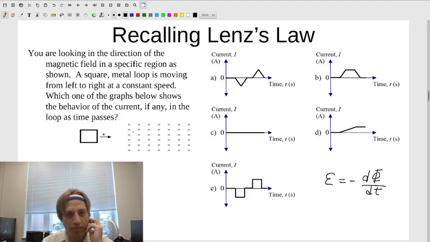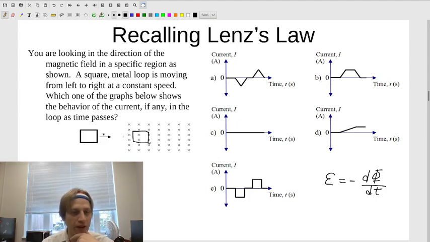Once this box is all the way into the magnetic field, however, the amount of magnetic field times the surface area is constant for a while, and so this voltage drops to 0. And then as you move out, once again, the loop doesn't like any changes in the status quo. So it will induce a current that will keep the magnetic field inside of it pointing as close to the same direction as it was before.